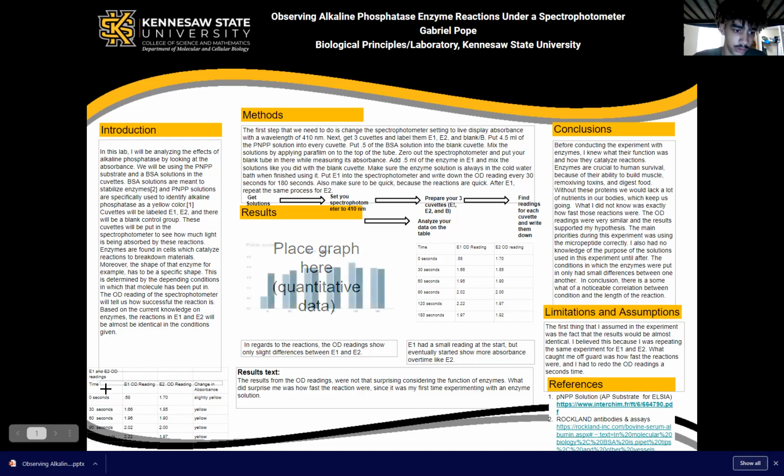Here's the time, 0 to 180 seconds. For the most part, it's similar right here. At 0 seconds in E1, the OD reading was very low, but other than that, the consistency and the growth is very similar when it comes to the absorbance.